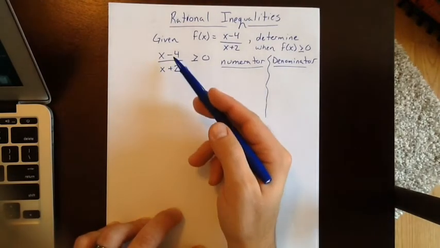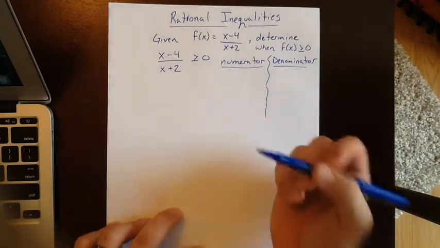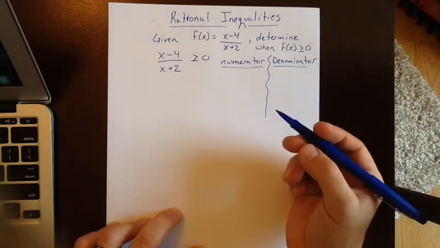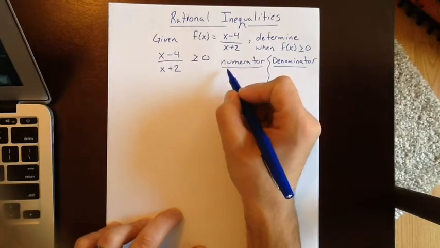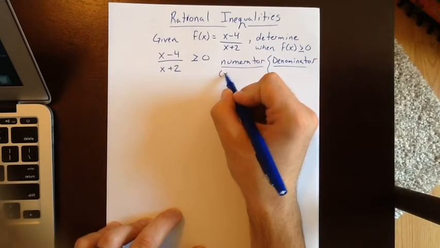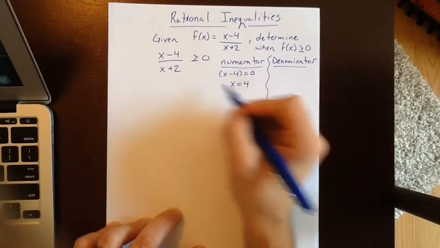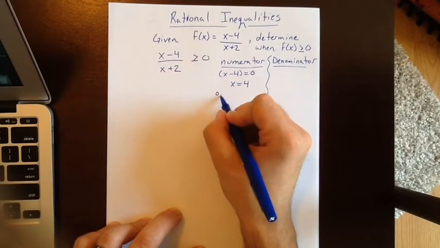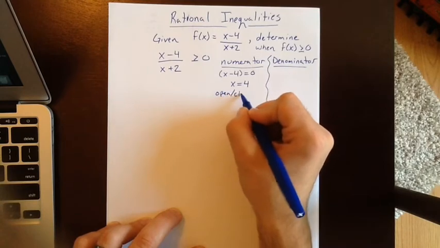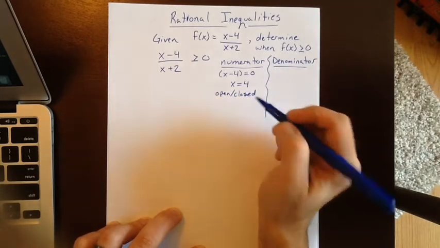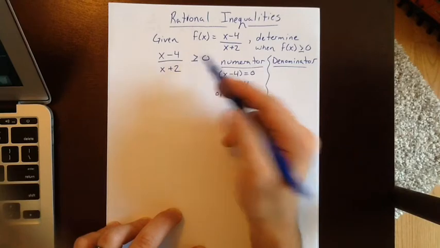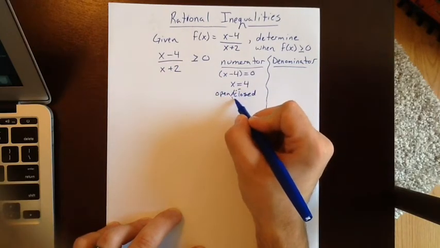I examine this polynomial, and they're both already factored. So the numerator, its zero would be positive 4. And I still look at the inequality symbol to determine whether or not we have a closed or open bracket in our solution set, and in this scenario we have a closed bracket.